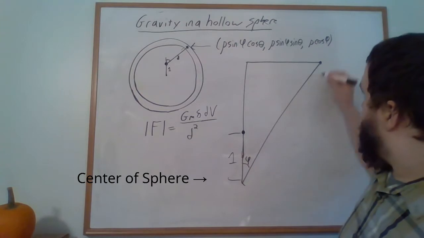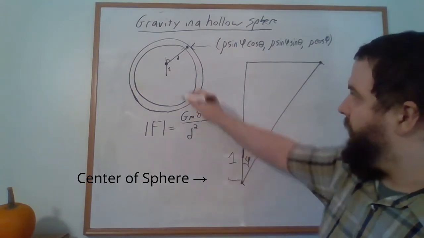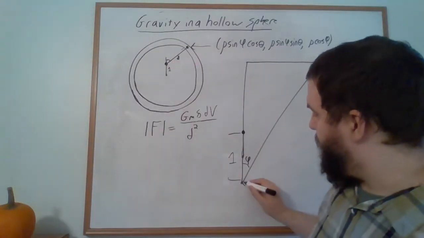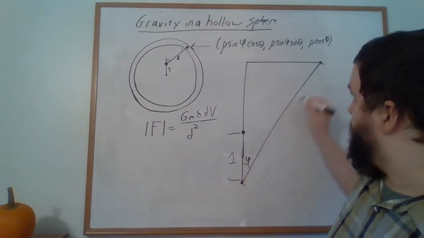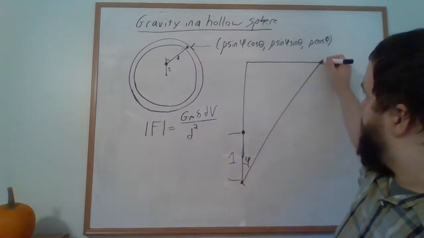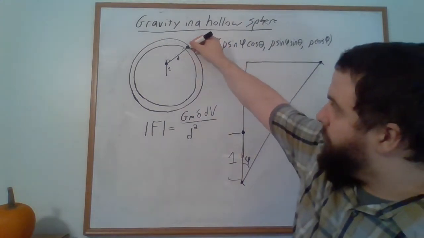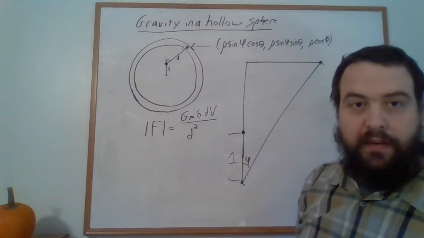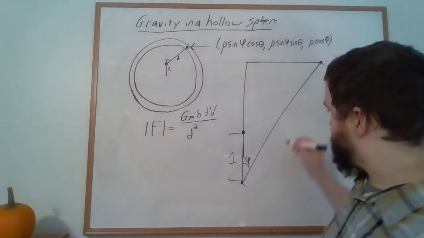This distance here, the distance from the center of the sphere, so this point here is the center of the sphere, the distance from the center of the sphere to our point mass up here is going to be rho.